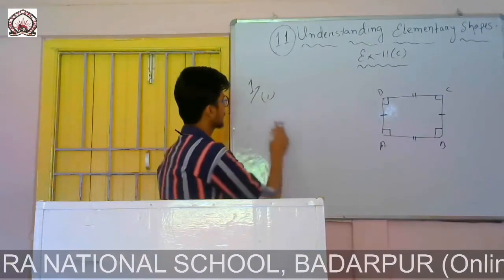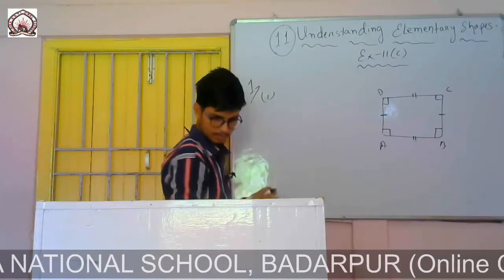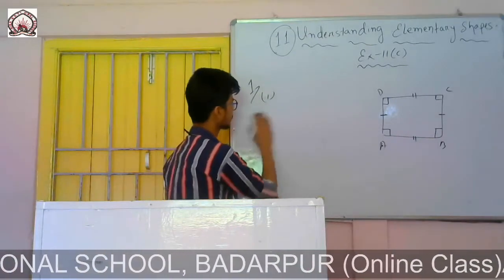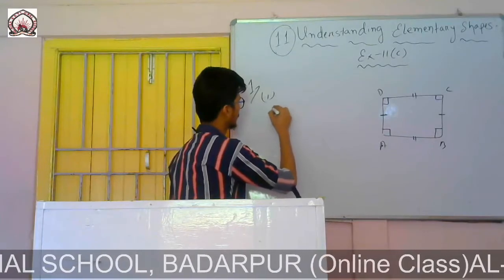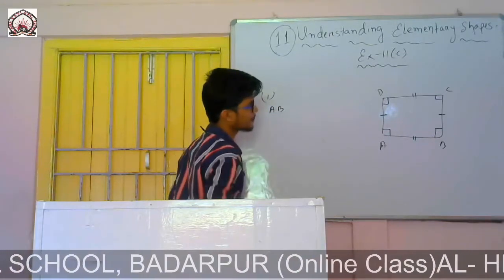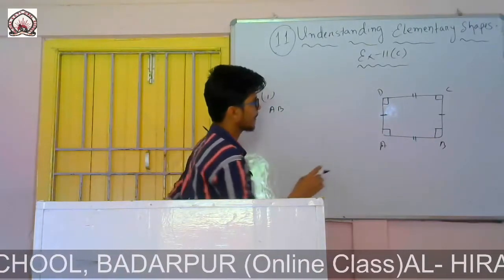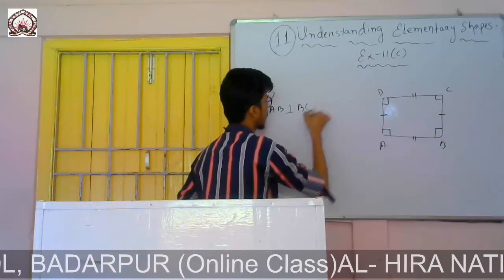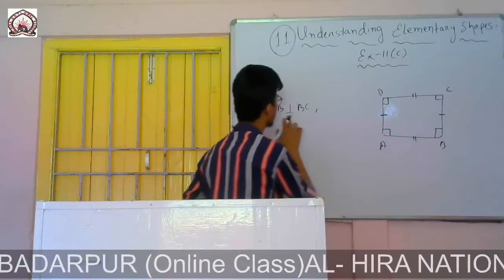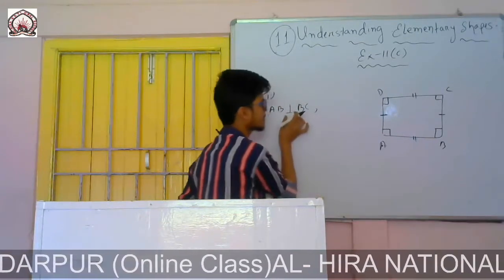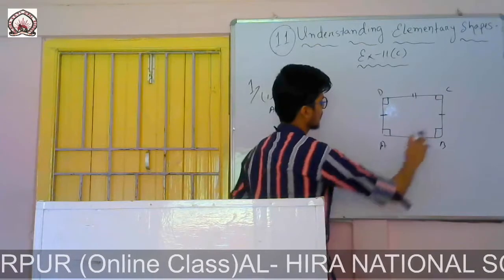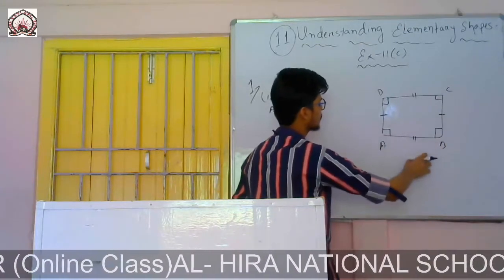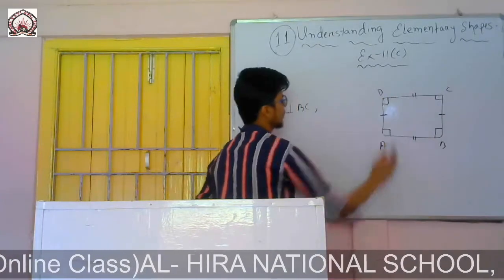So you write: name the pairs of perpendicular lines. You write AB perpendicular to BC. This is one. Then AB is again perpendicular to AD.